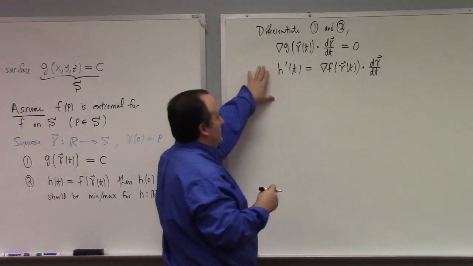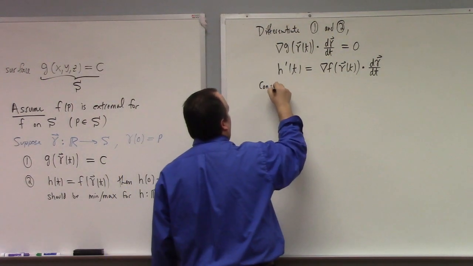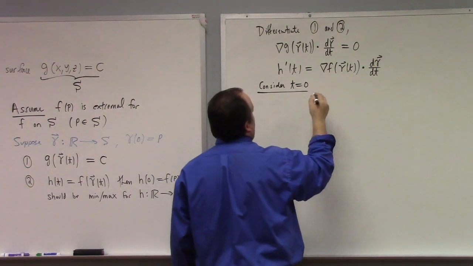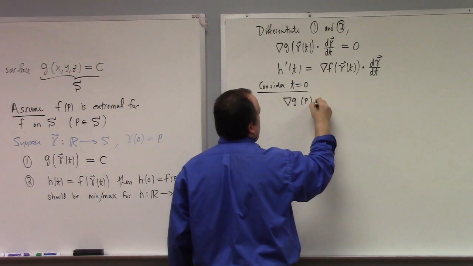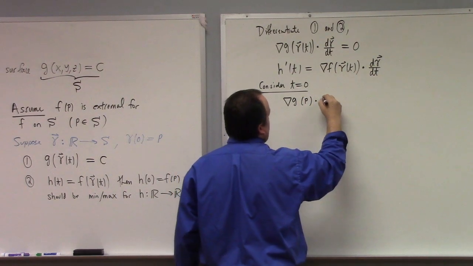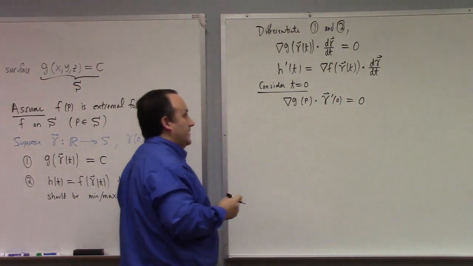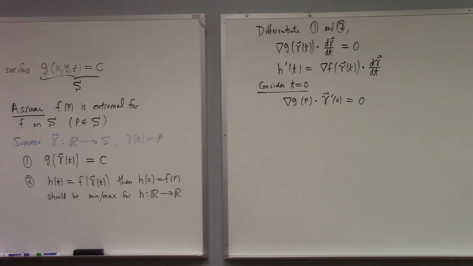Now, if we put t equals 0, what do we get here? That is, after all, the interesting point. On the one hand, we have the gradient of g at the point P dotted with, let me just use the shortened notation, gamma prime of 0 equals 0, because remember, gamma of 0 is by assumption P. And what's the second?